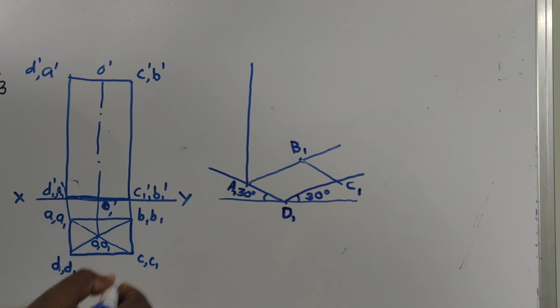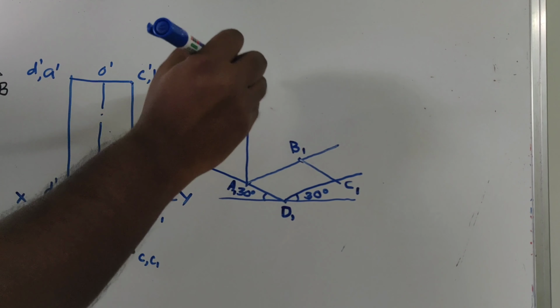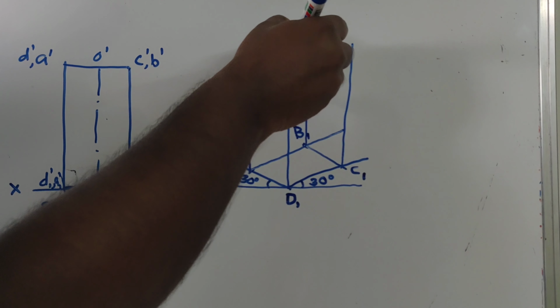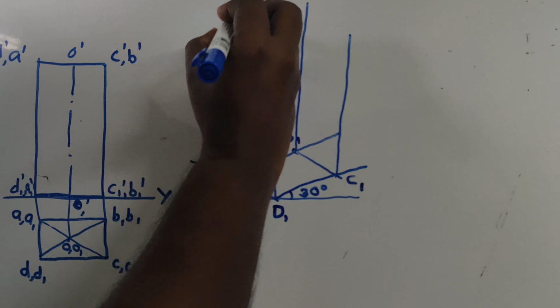This is the isometric length corresponding to 60, not exactly 60. From B1 the same distance you are marking, then from C1 the same distance, and from D1 again the isometric length. Now you can connect all these points.